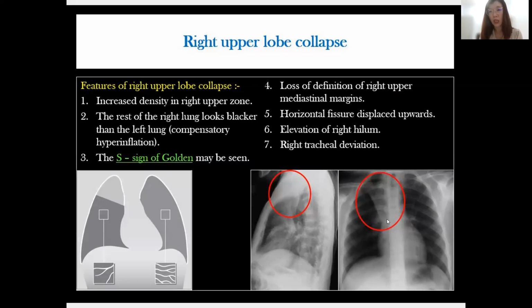So we call it the golden S sign. There's an associated feature of elevation of the right hilum always. Okay, remember this. So always interpret there's an opacity here on AP view, and then the golden S sign here, and then associated with elevation of the right hilum. So of course, when there's upper lobe collapse, there's also tracheal deviation to the right side.